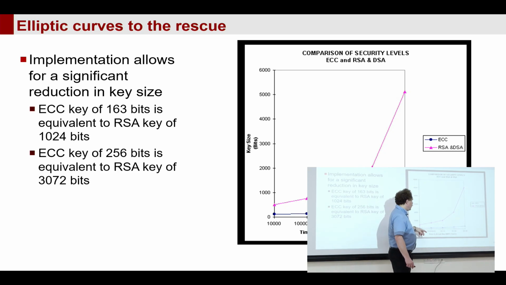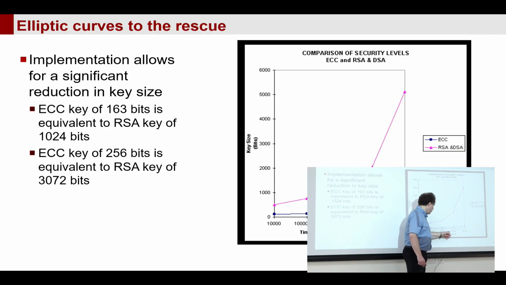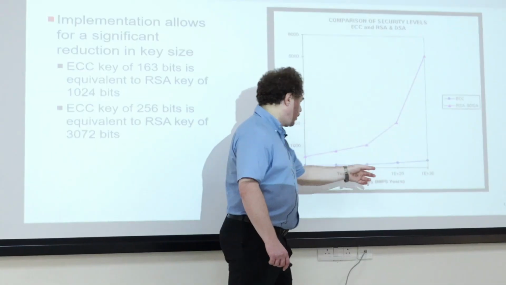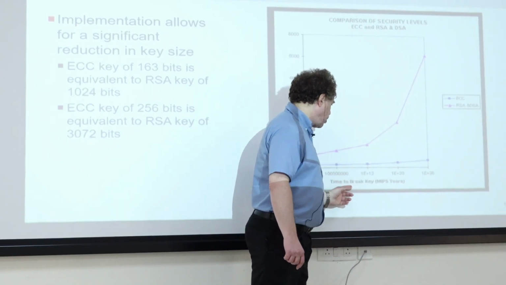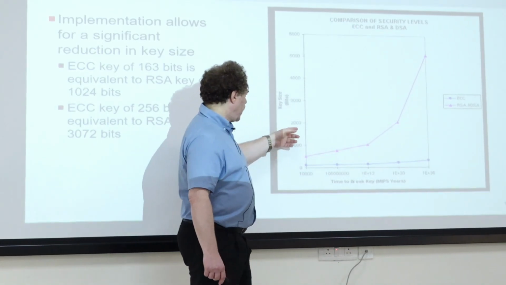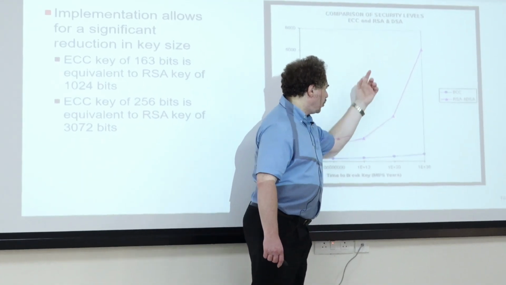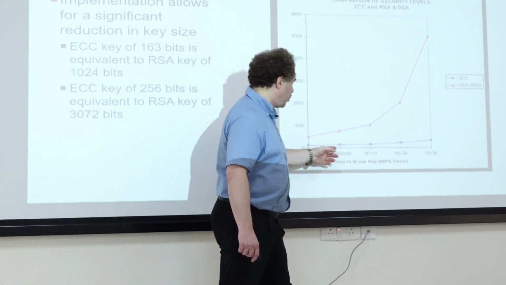You can see that if you want to achieve significant security, or increase the time to break the key significantly, then the curve for RSA is much worse than the curve for ECC.